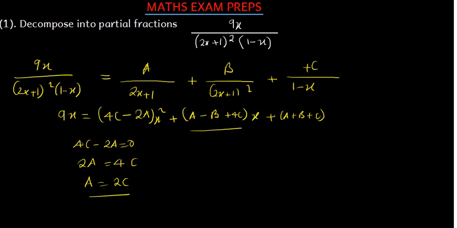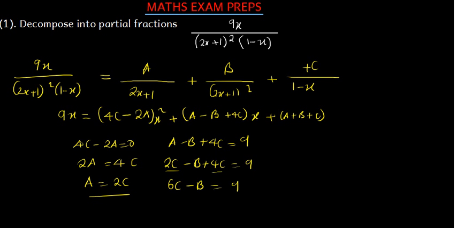And then go to this one, A minus B plus 4C is going to be equated to the number in front of x, which is 9, so that is going to be equal to 9. So where there is A, I'm going to put 2C from here. So that will be 2C minus B plus 4C is equal to 9. So 2C plus 4C, that is 6C minus B is equal to 9.